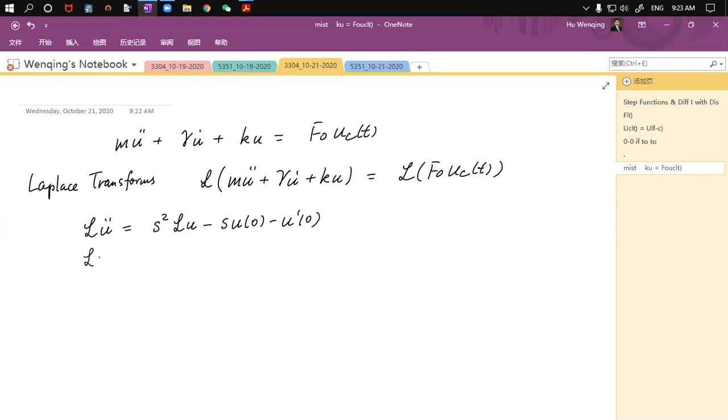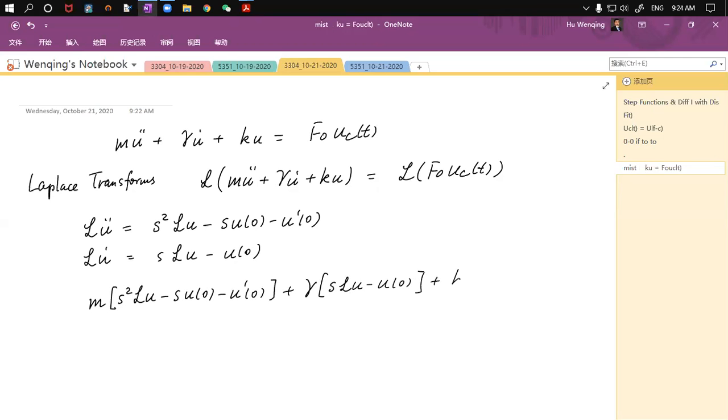And the Laplace transform of u dot is equal to s times the Laplace transform of u minus u of 0. Therefore the left-hand side becomes m times s squared Laplace transform of u minus s u of 0 minus u prime of 0, the initial conditions, plus gamma times s Laplace transform of u minus u of 0, plus k times the Laplace transform of u, equal to f0, which is a constant, times the Laplace transform of uc of t.